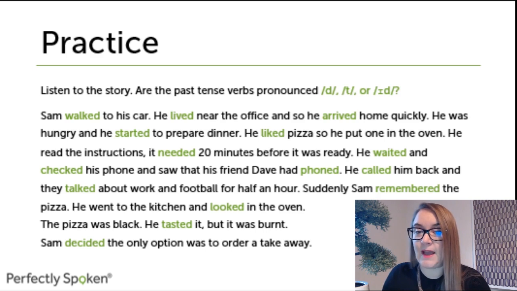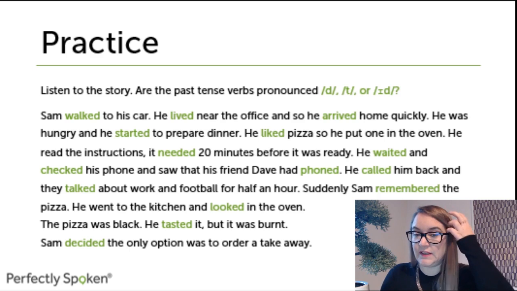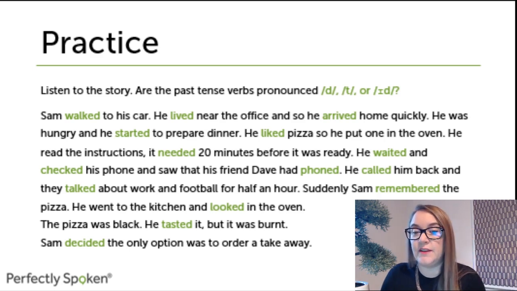He called him back and they talked about work and football for half an hour. Suddenly, Sam remembered the pizza. He went to the kitchen and looked in the oven. The pizza was black. He tasted it, but it was burnt. Sam decided the only option was to order a takeaway.